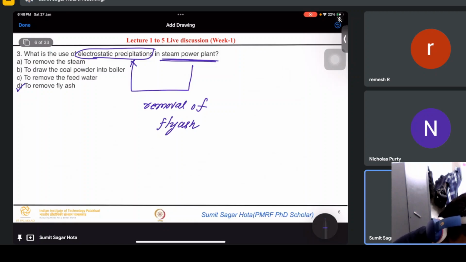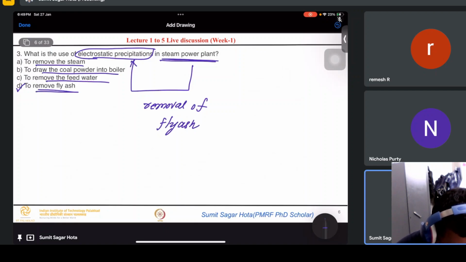To remove the steam, to remove the feed water, why are you removing feed water? We have to reuse it or something like that. Draw the coal powder into the boiler. When you see these options, they have no importance in this question. Even if you don't know anything, fly ash removal.